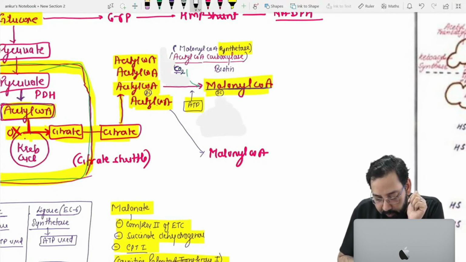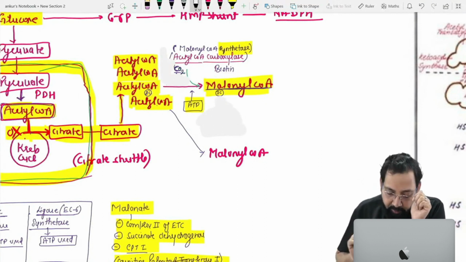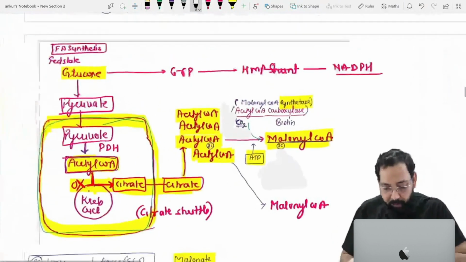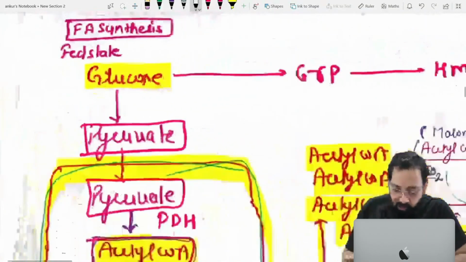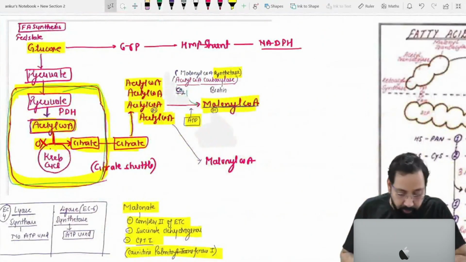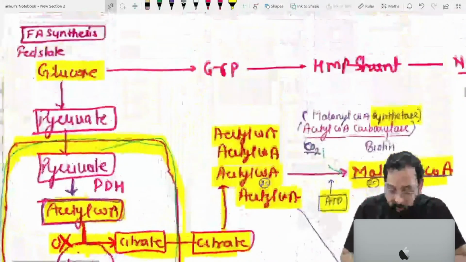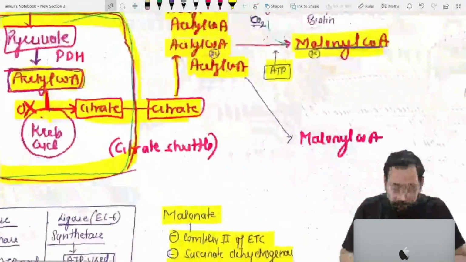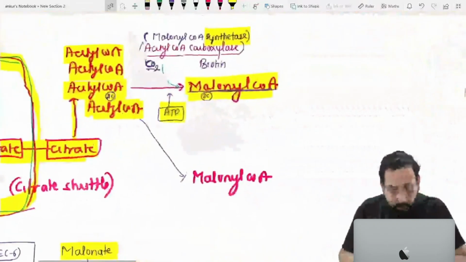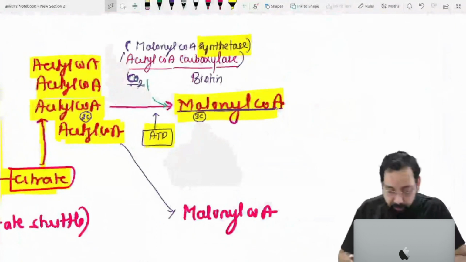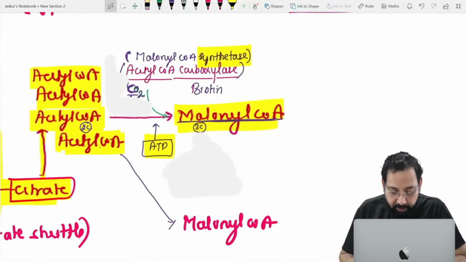In a simple way, normally what happens in our body, whenever we take extra glucose, it is converted to fat. How is this converted to fat? All the extra glucose is converted to acetyl coenzyme A. Acetyl coenzyme A comes out of the mitochondria, and in the cytosol a few molecules of acetyl coenzyme A are converted to malonyl coenzyme A. In this reaction, carbon dioxide is joined.